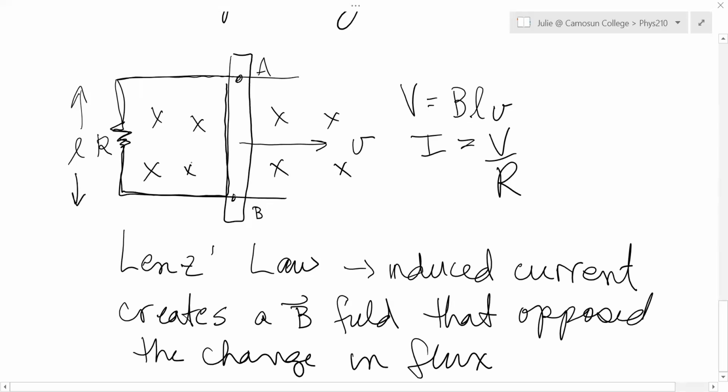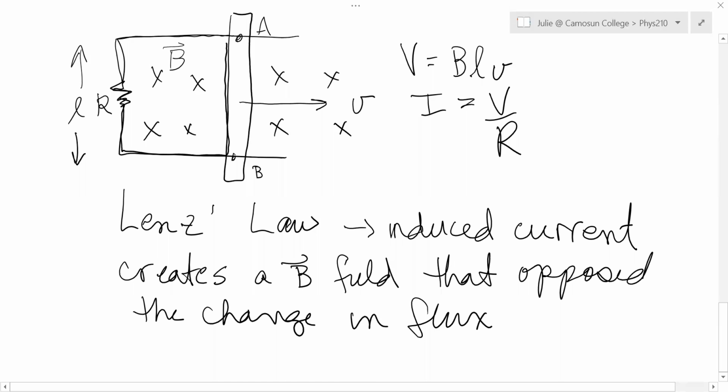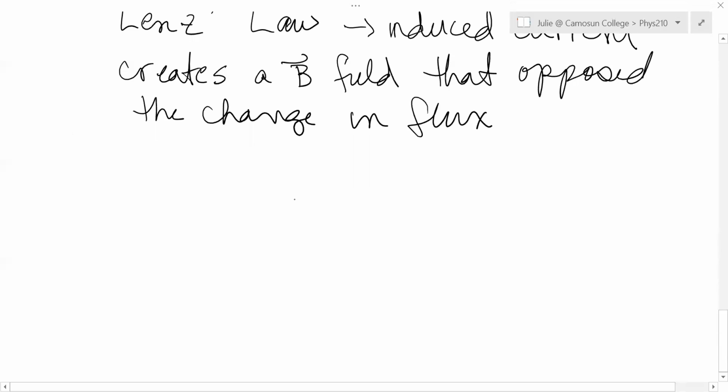It has 4 magnetic field lines in it. And so it likes to keep 4 magnetic field lines. If you try to change that, so if you pull this rod over to the right and introduce more magnetic field lines into the loop, it doesn't like that. It's going to induce its own current to try to oppose that. It's just like friction. It's always trying to oppose what you're doing.